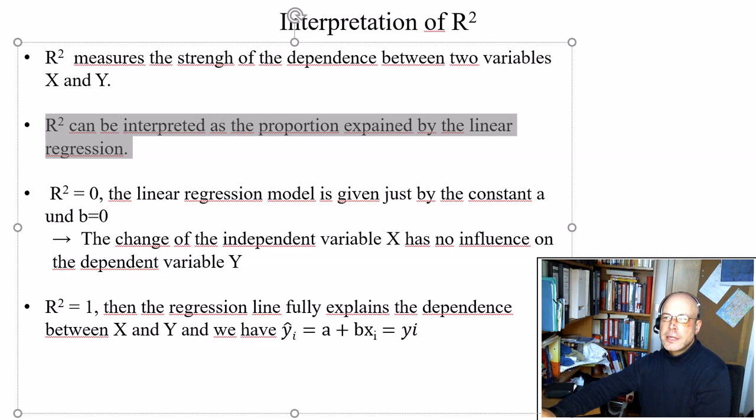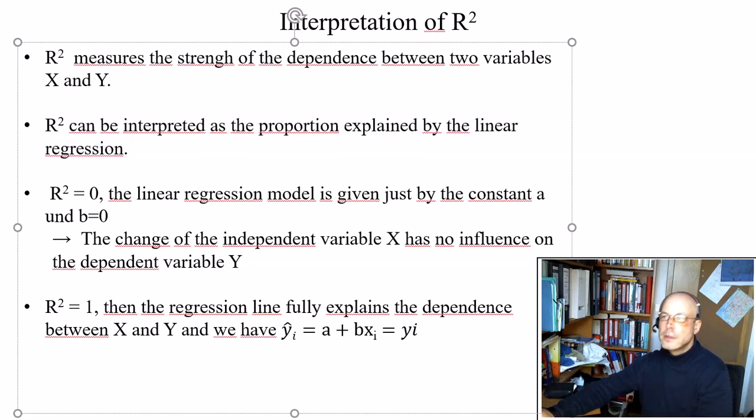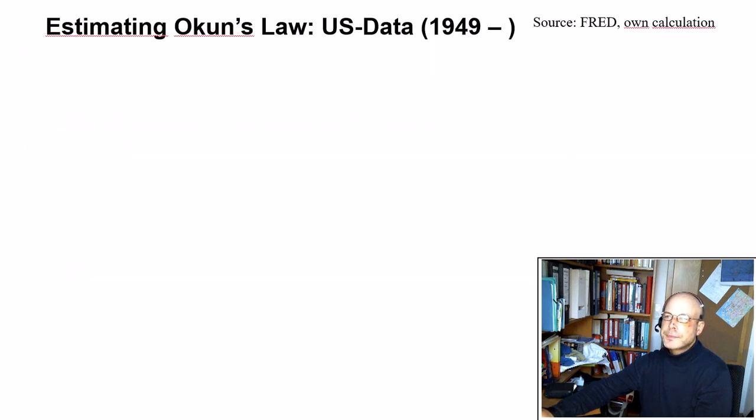And r squared can be interpreted as the proportion explained by our linear regression.